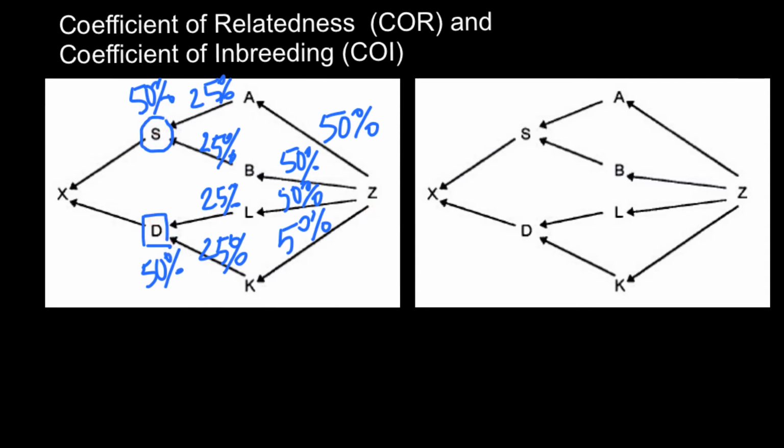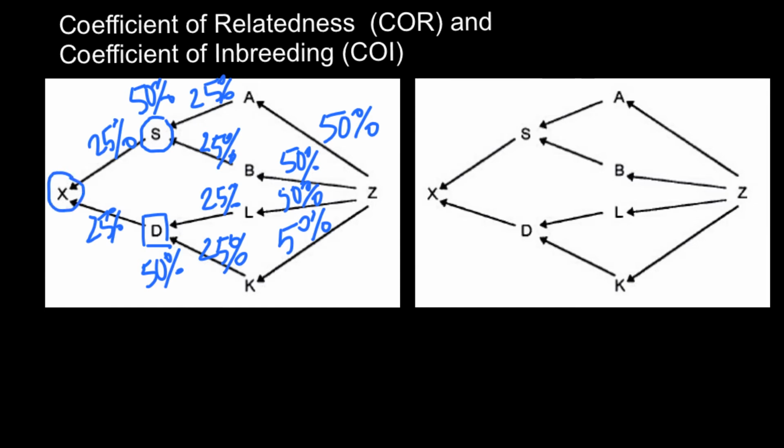And if both parents have 50% of the genetic makeup that they got from the ancestor Z, they have once again a 50% chance to pass this genetic makeup to individual X, the child. So 50% of 50% would be 25%, and individual D also is going to pass half of what he got here, so 50% of 50%, or 25%, to individual X.